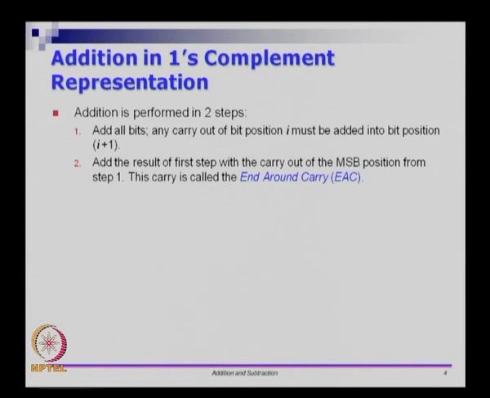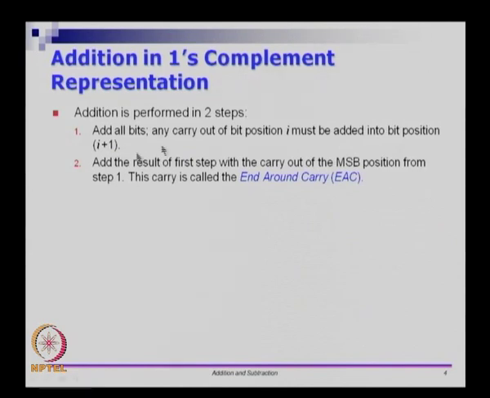Adding two numbers in the unsigned form is relatively easy. For ones complement, treat the numbers as though they are unsigned and do addition first. Add all the bits; carry out of bit position i must be added into bit position i plus 1. This is just like regular decimal. If I add 2 digits at the 100th position, the carry that is coming out will go to the 1000th position and so on.